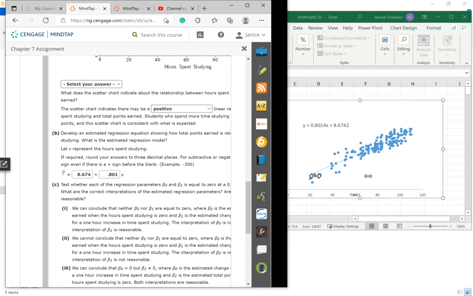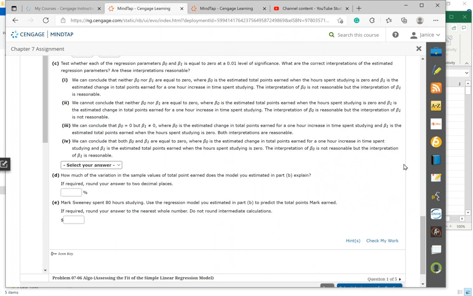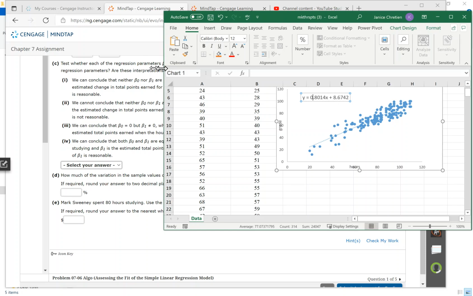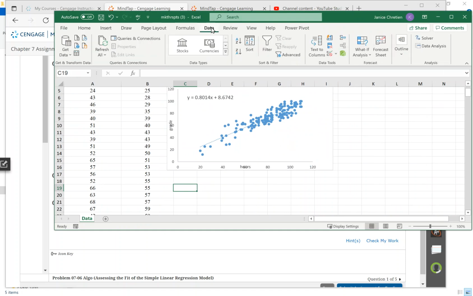Then it wants us to test whether the regression parameters are equal to 0 at a 0.01 level of significance. Okay, so to do this step, what I've got to do is over here in data.